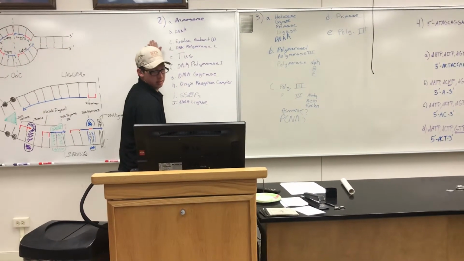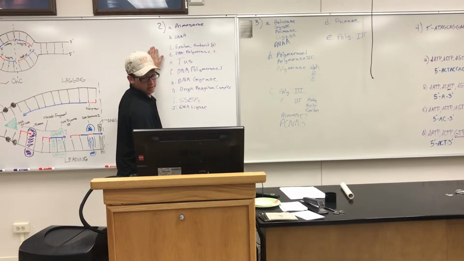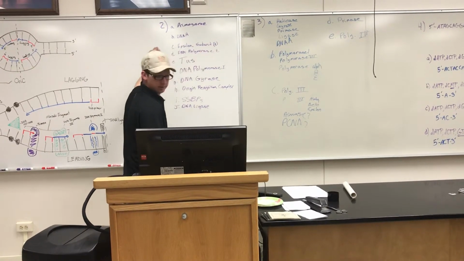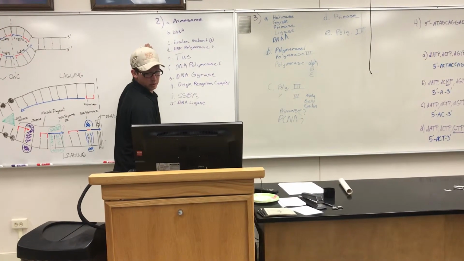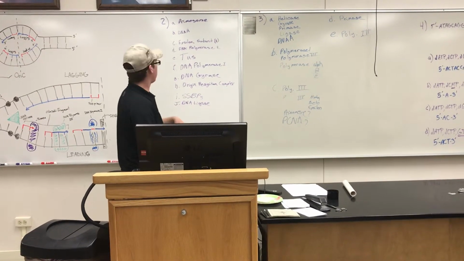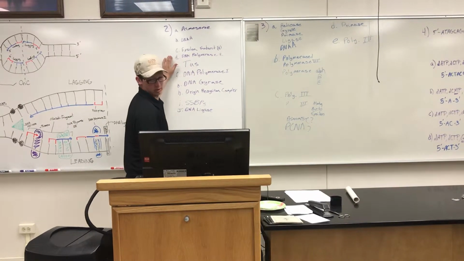For C, the subunit of DNA polymerase 3 that contains proofreading activity is the epsilon subunit. For D, the protein that synthesizes the leading strand in eukaryotes is DNA polymerase epsilon.